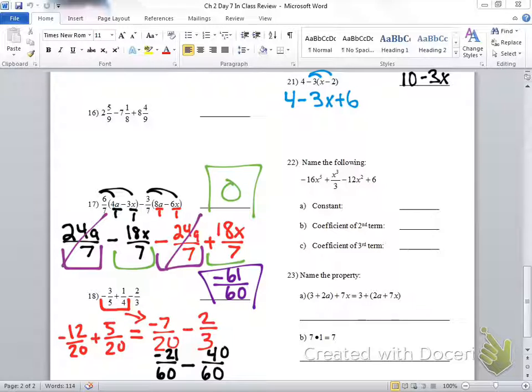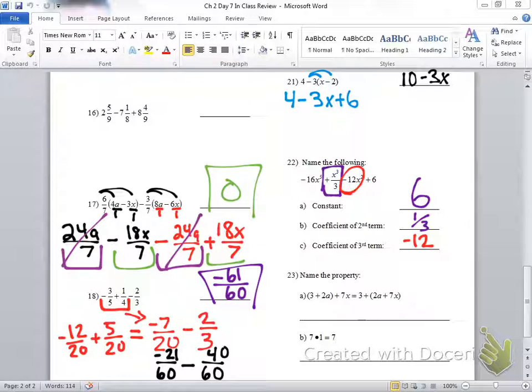What's my constant? 6. A constant does not have a variable. It's the term without a variable. What's the coefficient in my second term? 1/3. What is the coefficient of my third term? Negative 12. Good.